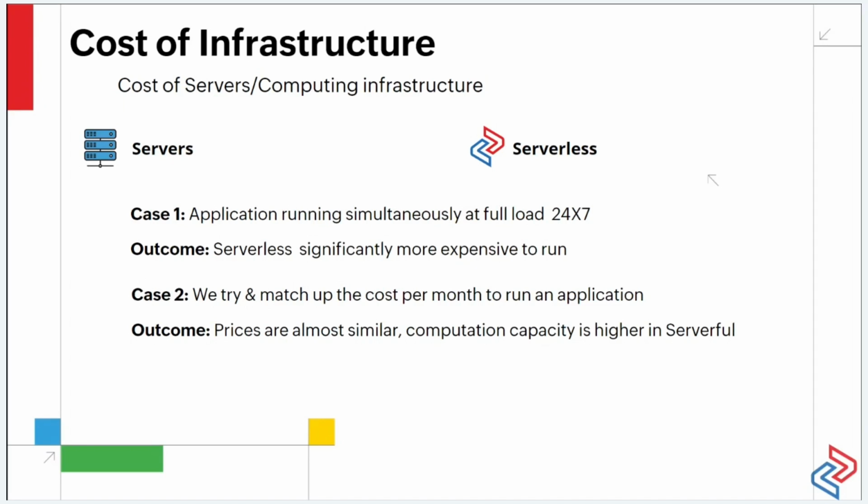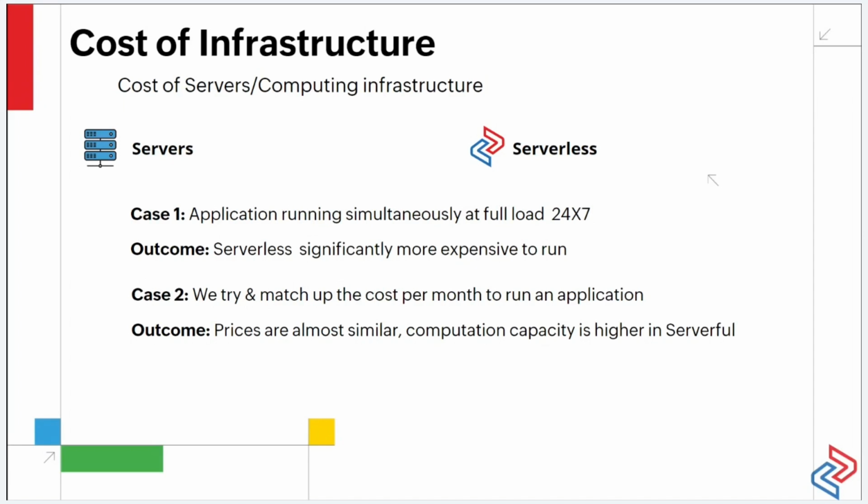Now, while your price of usage may be matched up to the same, the computation capacity that you will get in a serverful instance would be much more than what you would get in a serverless instance.